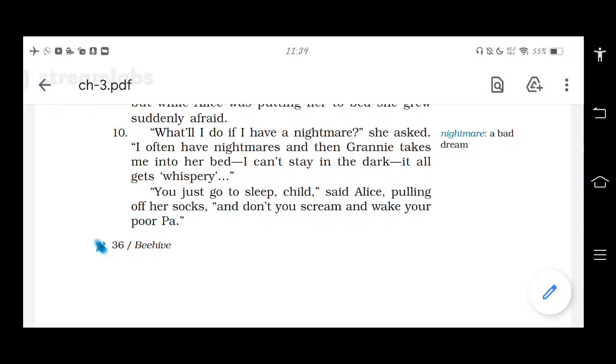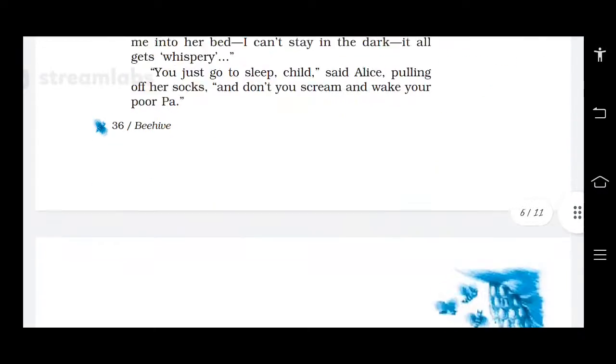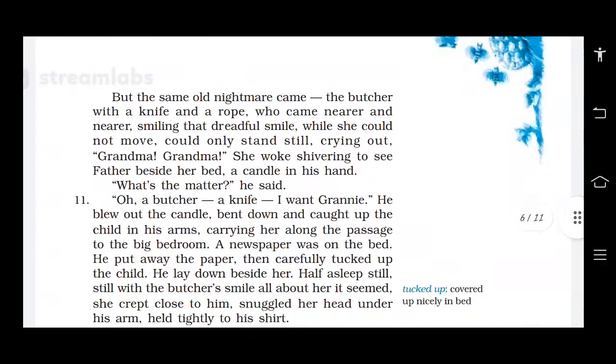Okay, the girl was advised by the cook: don't cry, don't scream, don't make your father get disturbed. But if you get such a thing, don't worry. Just pull your bed sheet over your head and try to sleep, no problem. So don't disturb your father, she told.